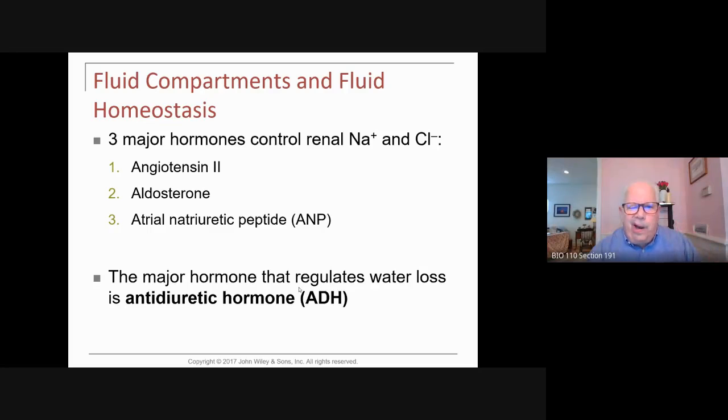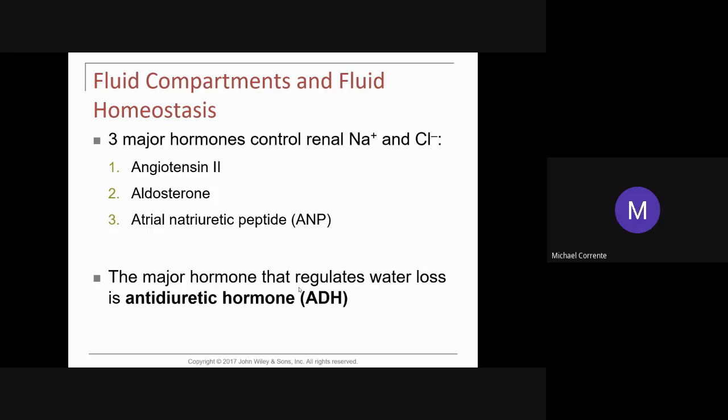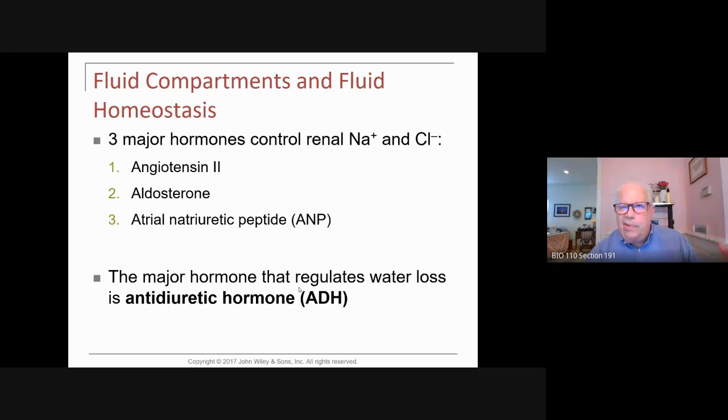When your blood pressure drops, when your blood volume is low, when your blood osmolarity is high, for whatever reason, the cells in the juxtaglomerular apparatus are stimulated in the kidney.